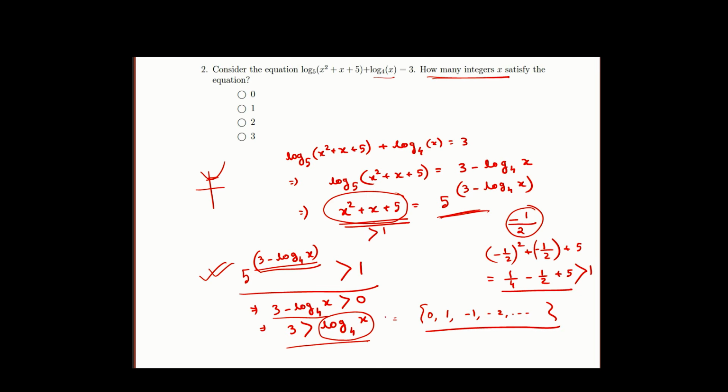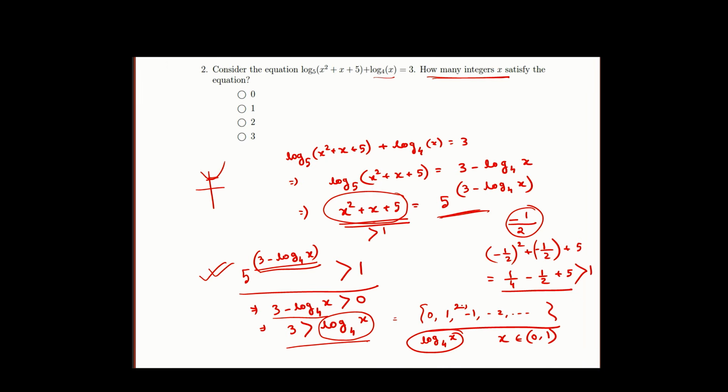Now when this log x base 4 is a negative integer, this is only possible if x is in between 0 and 1. So we are taking open interval. Sorry, I have made a mistake here. There will be one more case.